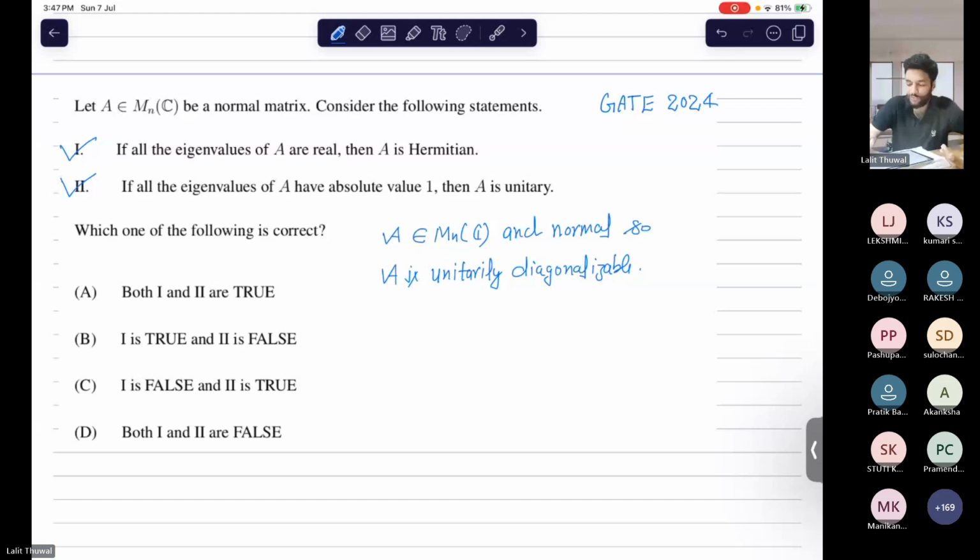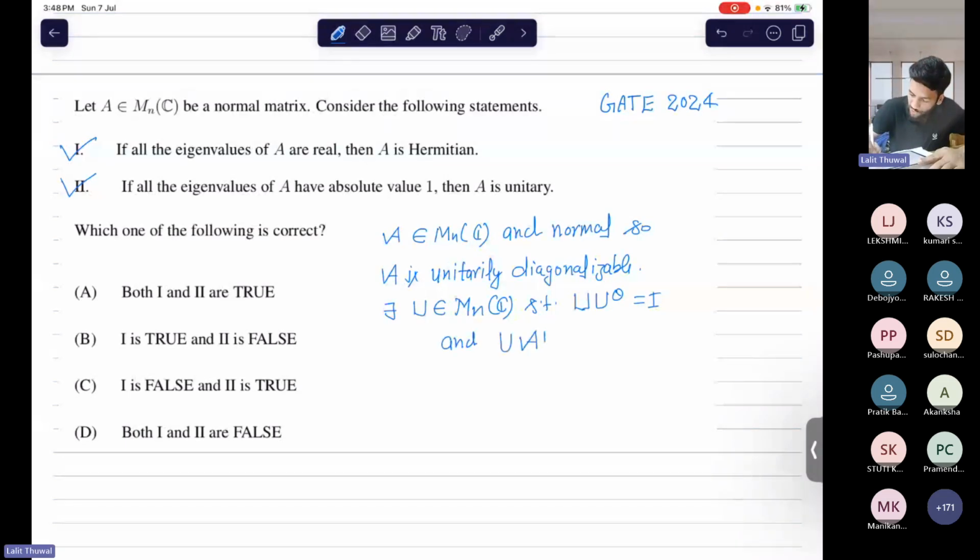So a normal operator is unitarily diagonalizable. That is, there exists a U belonging to M_n(C) such that U* U equals identity and U* A U is a diagonal matrix.